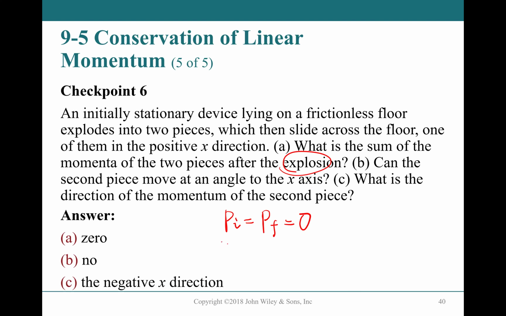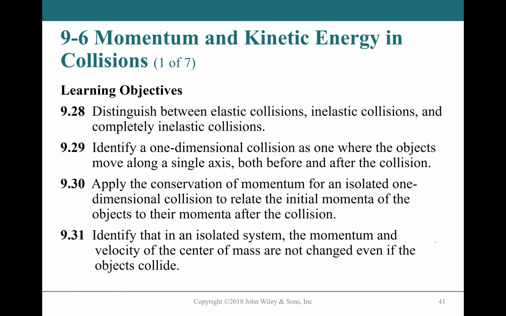No, because our F net goes to 0. The second piece should move in the negative x direction. What is the direction of the momentum for the second piece? Because the sum equals 0, m1 v1 plus m2 v2 equals 0, so m1 v1 equals negative m2 v2. So v1 is positive, and v2 should be negative.